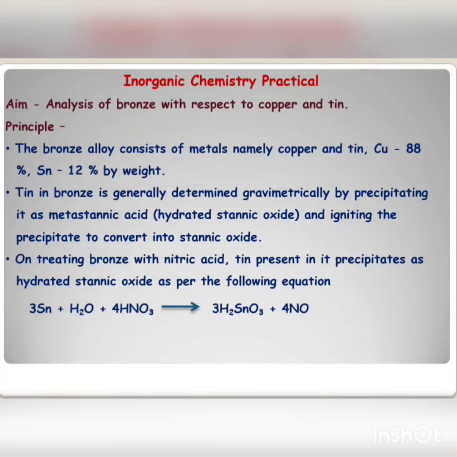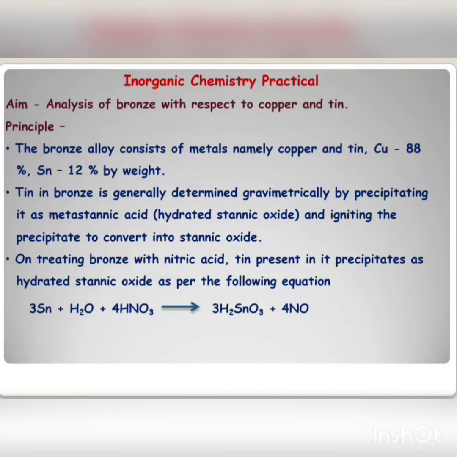So first of all we will see how to estimate tin from the bronze sample. Tin in bronze is generally determined gravimetrically by precipitating it as metastannic acid.